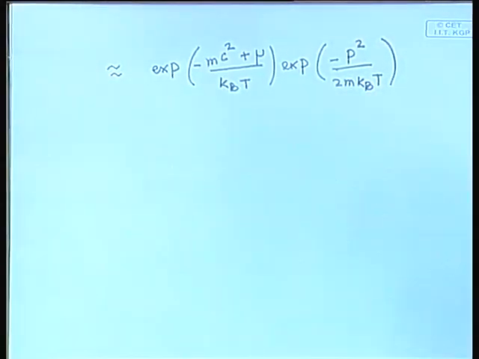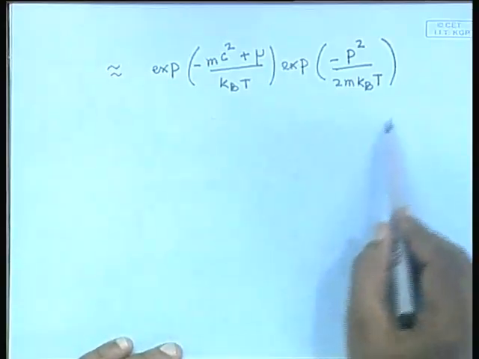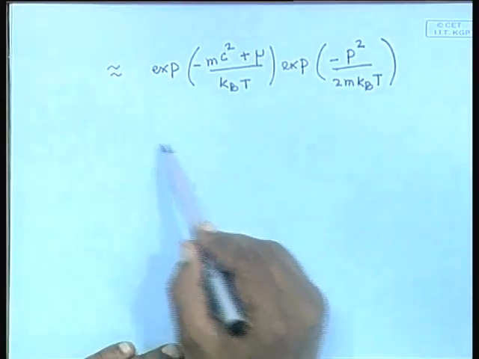So in the limit where the temperature is much smaller than the rest mass, we can approximate the occupation number in this form.